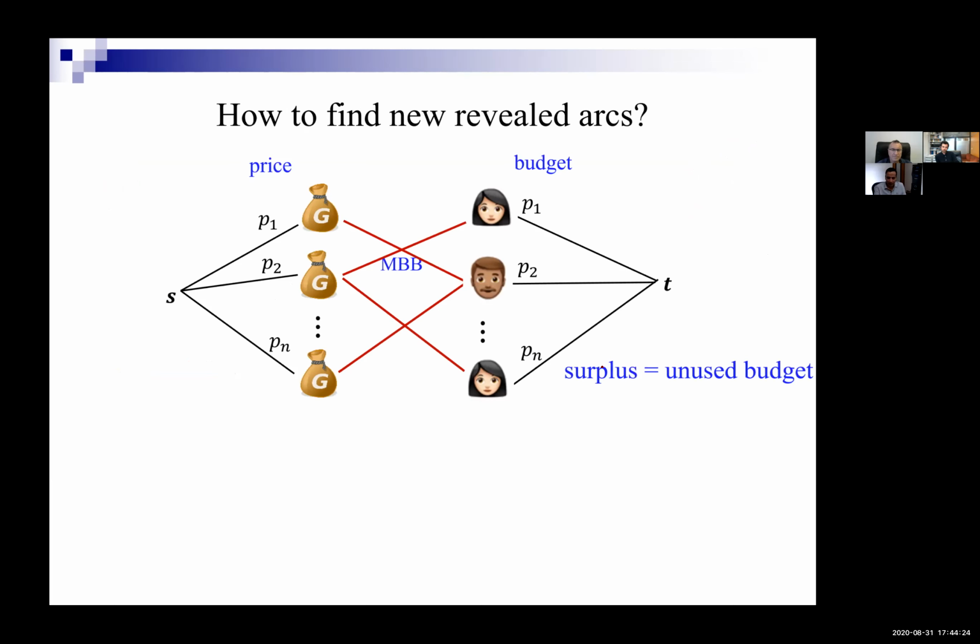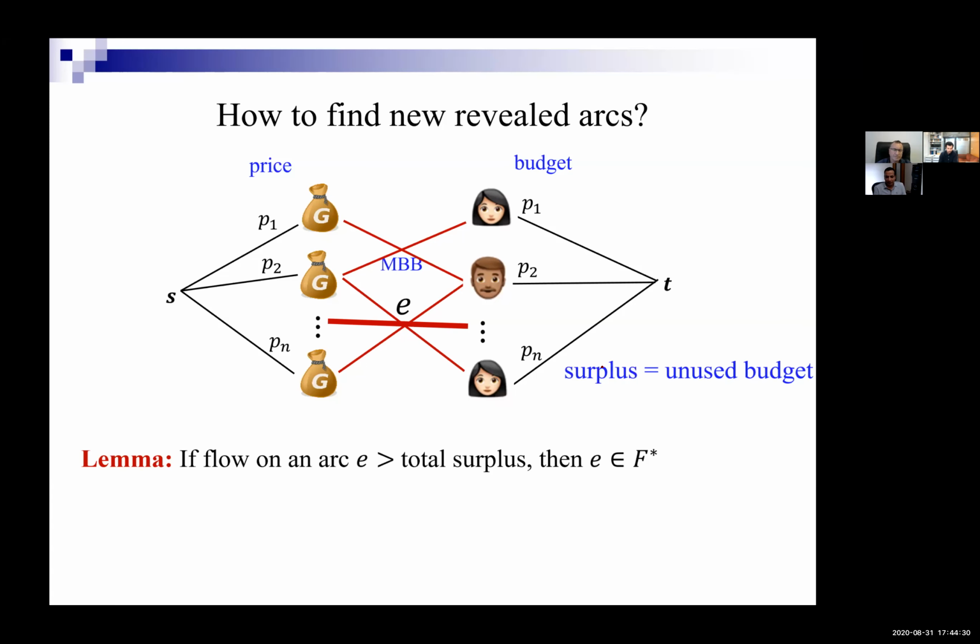So this is the setting, the network flow characterization. We prove this lemma: if you give me any prices, it doesn't matter whatever prices you set, but if some MBB arc carries a large amount of flow, where large means the flow on the arc is more than the total surplus, the total unused budget, then this arc will be in F star.